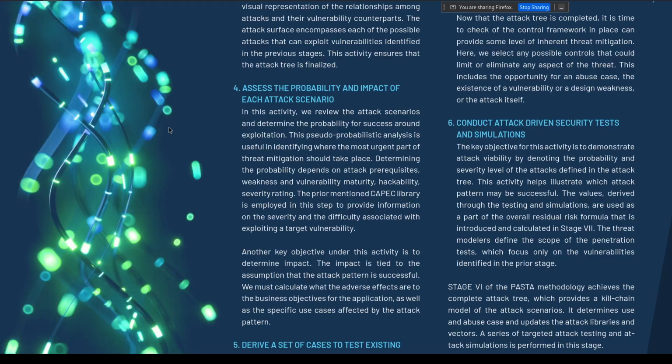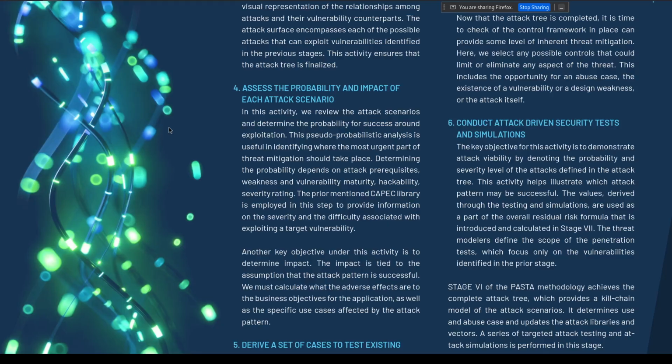With respect to an availability requirement, if there is no rate limiting or the application does not have any kind of load balancer or WAF, then the impact is quite critical. And when it comes to a SQL injection vulnerability, if there are no existing controls and an attacker is able to exfiltrate the entire data, then the impact is very huge. So we have to map the impacts with the attacks in this specific activity.